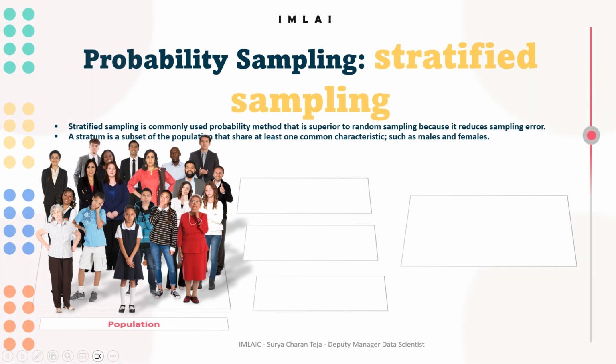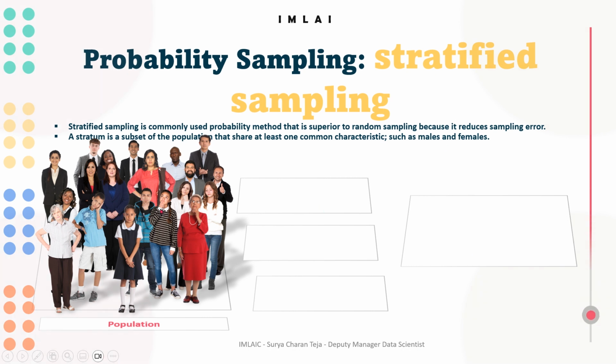So you can clearly see there are inherently subgroups when it comes to a city population. As per our problem statement, we need to make sure that these subgroups are also represented in our sample.